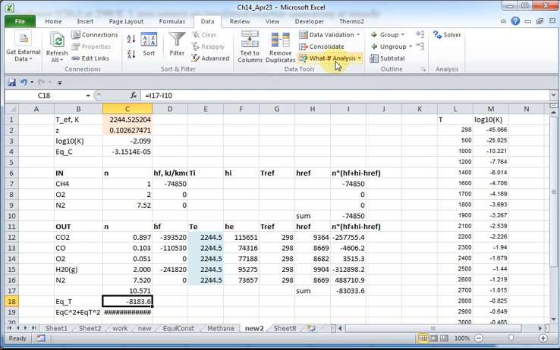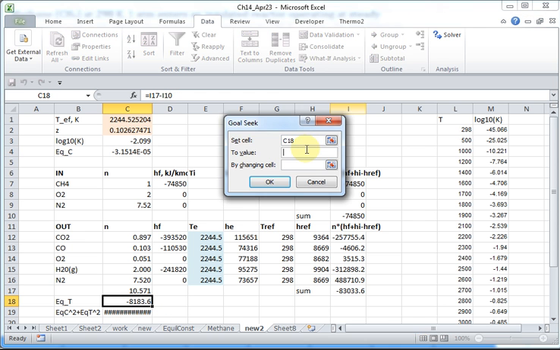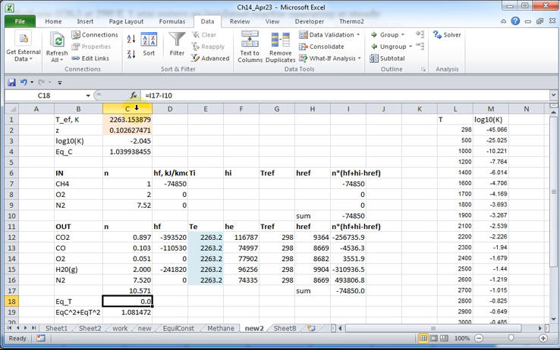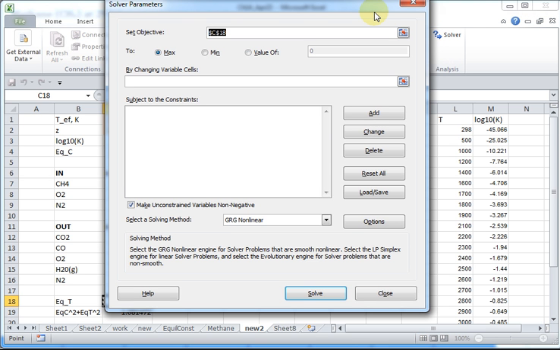But I'm going to do this what if, goal seek, to the value 0 by changing the temperature. Somehow it looks like we're getting close to a balance equation, but at this point you can come over to solver. I don't know why they have goal seek here under what if analysis and solver over here, but you sometimes have to do the add-in for solver separately.